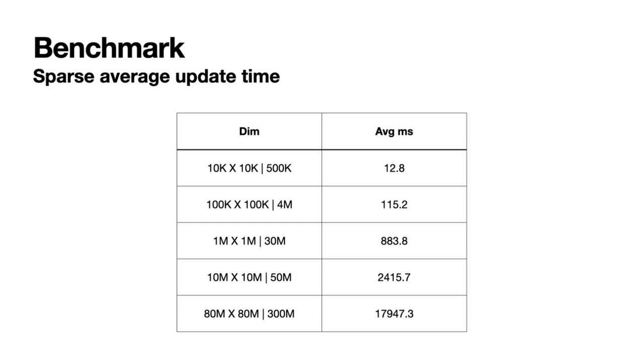Some numbers. So I ran a quick benchmark with different graph sizes, or matrix dimensions, with a different number of active entries, which corresponds to the number of edges. And you can see the average update time, which is not great.